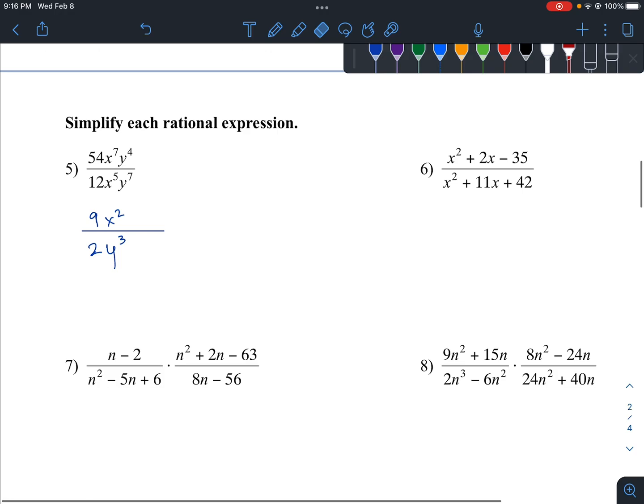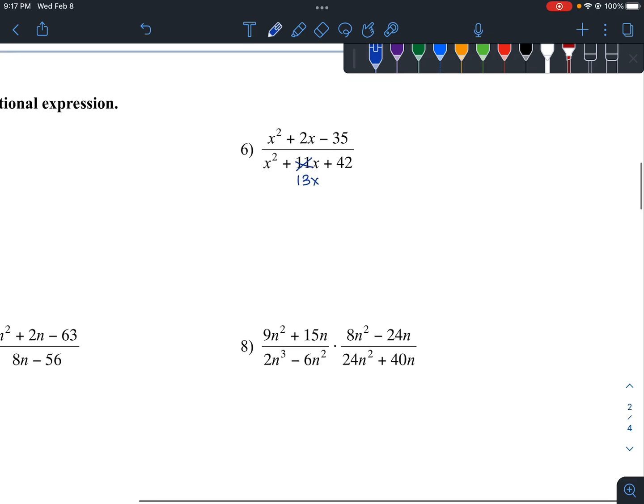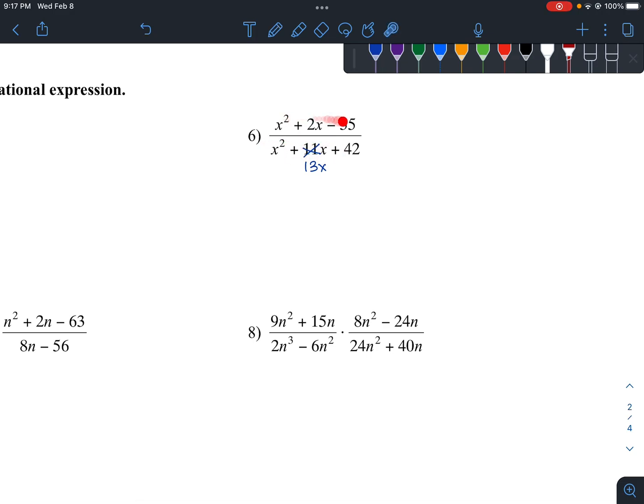For 6, to simplify these expressions, I can see that they're both quadratics. Now, there is a typo here. That should be 13x, not 11x. So, quadratics, let's factor these right here. So if I factor this numerator, I need two numbers that multiply to be negative 35 and add to be 2.